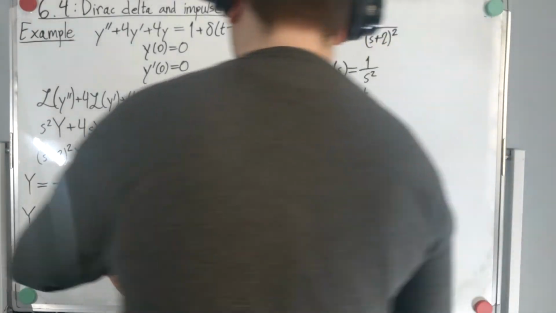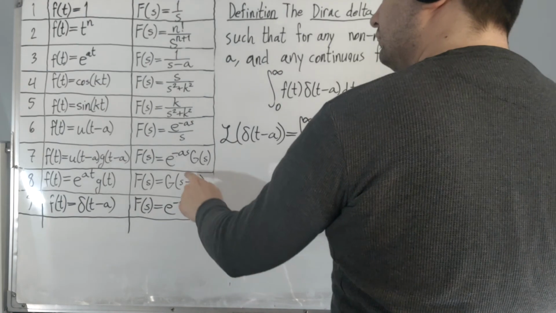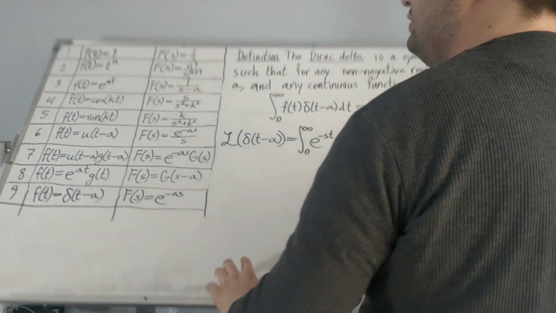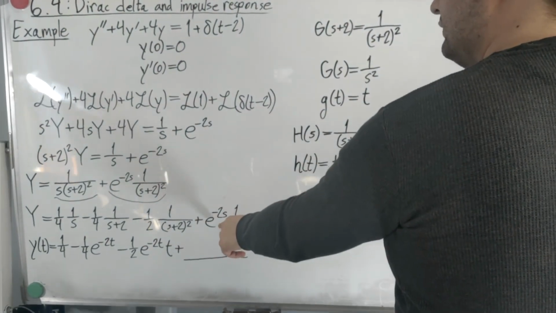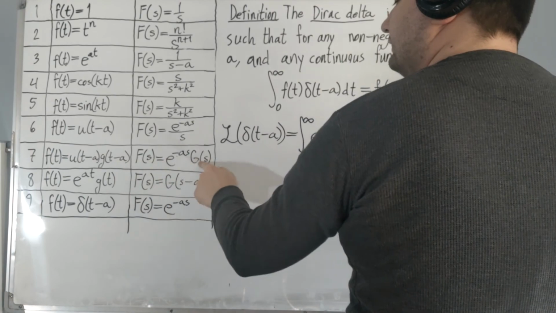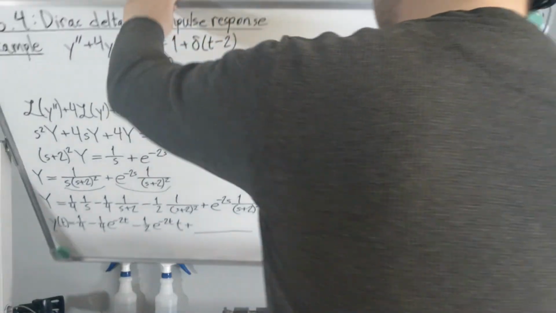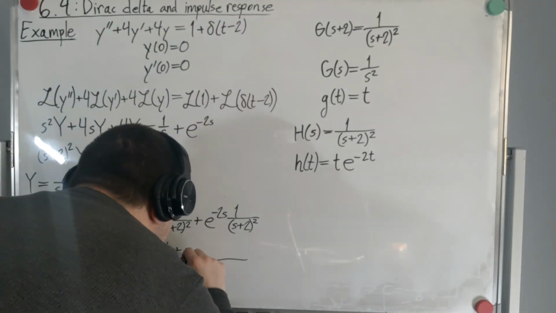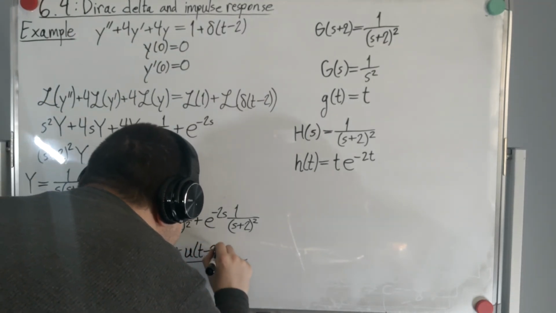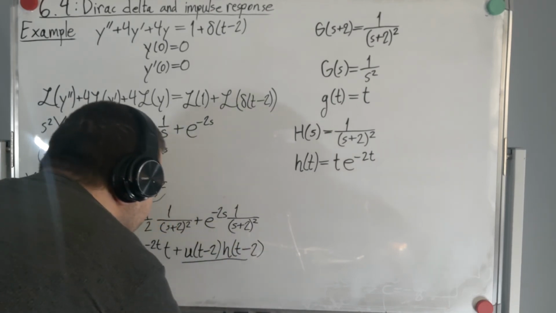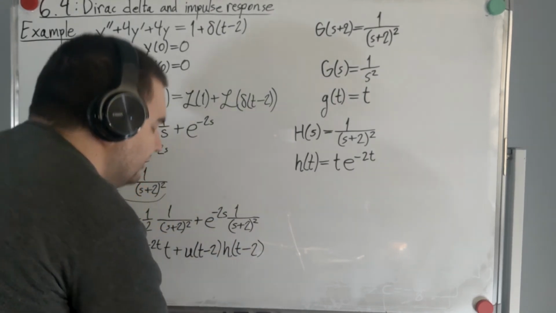So, according to rule 7 of our table, we're going to need u of t minus 2 for this exponential, and then h of t minus 2 for this h. Also, I said g before, but I meant to say h.